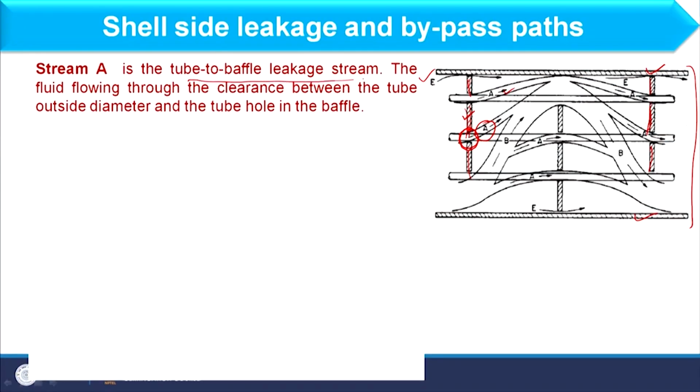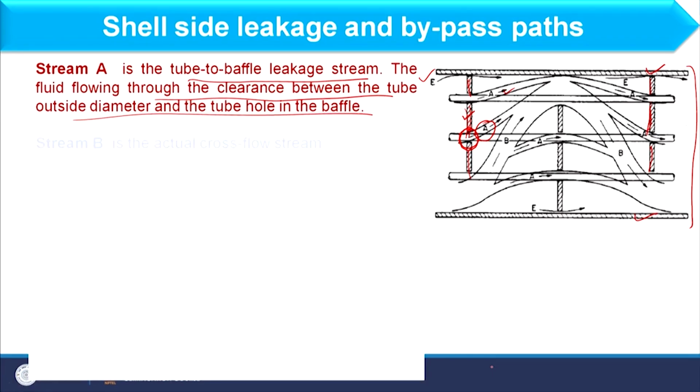So, that gap basically gives stream A, which will not participate much in heat transfer, but it will give the pressure drop. So, stream A is the tube to baffle leakage stream, the fluid flowing through this clearance between tube outside diameter and tube hole in the baffle. That part we have already discussed.